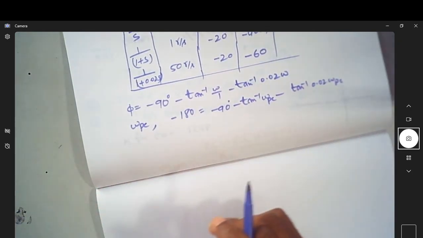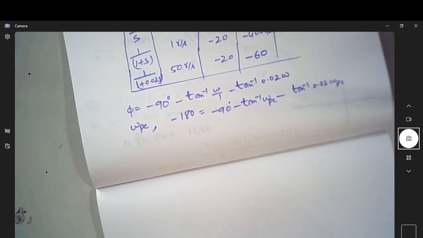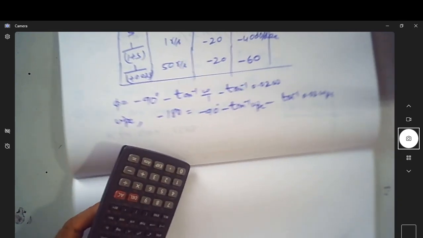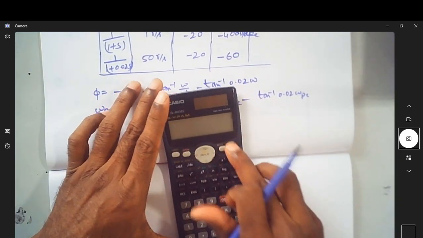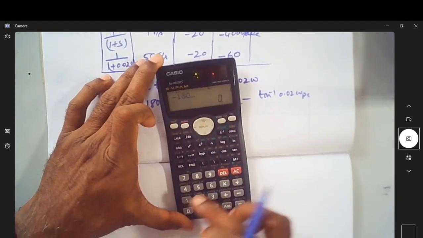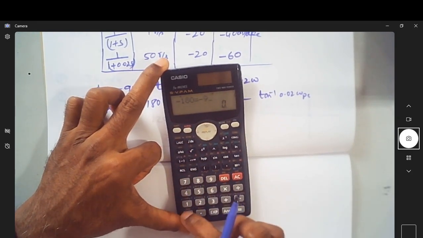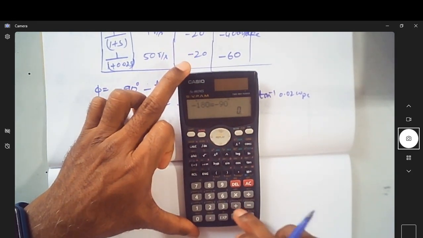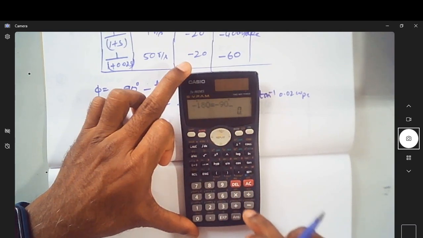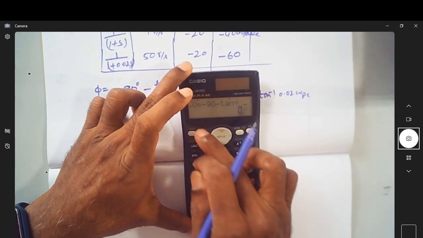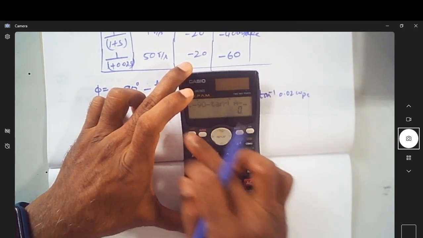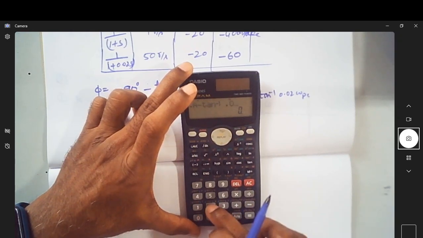Let me find out what is omega PC now. Minus 180 equals minus 90, no need to simplify anything, minus tan inverse of alpha minus tan inverse of 0.02 alpha.